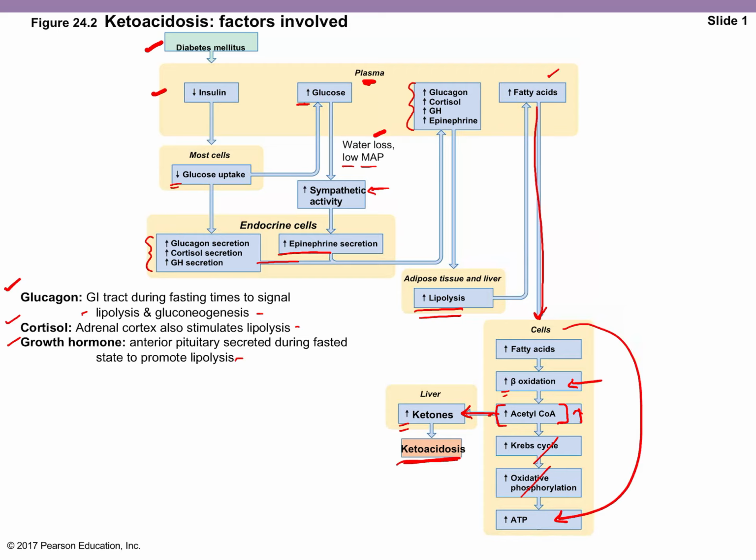But this is all the factors that drive ketoacidosis. So you have the hormones, you have the osmotic gradient disruption and epinephrine trying to counteract that. All of those hormones producing lipolysis, and all of those free fatty acids are getting catabolized by your cells. They're going to pump out acetyl coenzyme A. Your liver's going to try and clear that acetyl coenzyme A by making ketones.